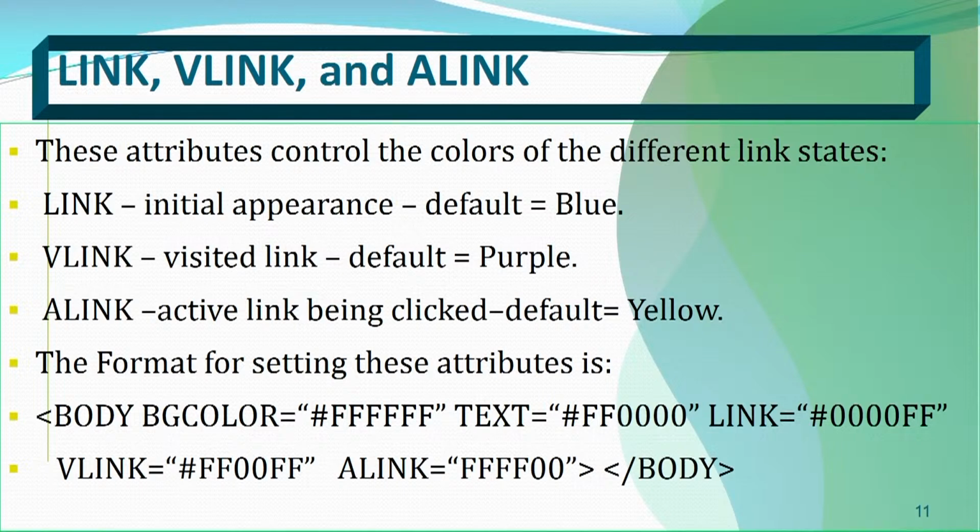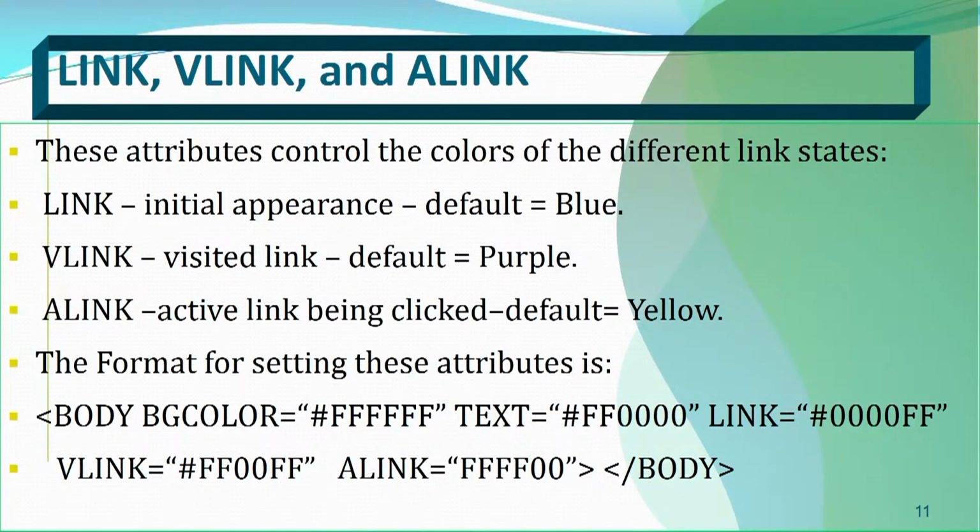Link is the color we set for the link, the text which is the hyperlink, and vlink, whose color is purple by default, is used to describe that the link has been visited once. And when the link is being clicked, the color of the link would be alink.